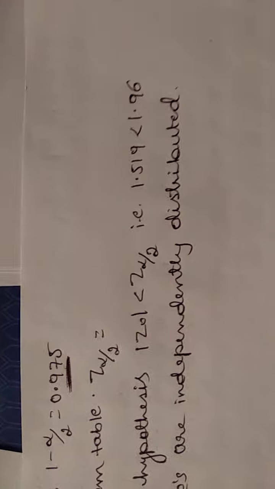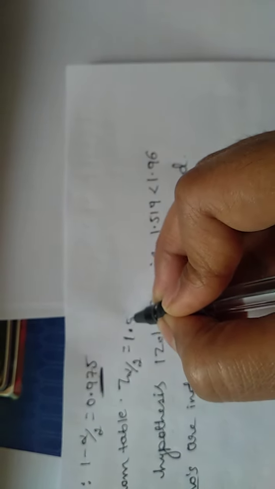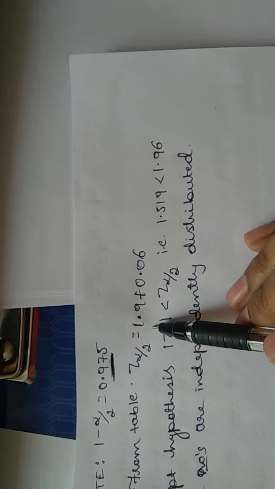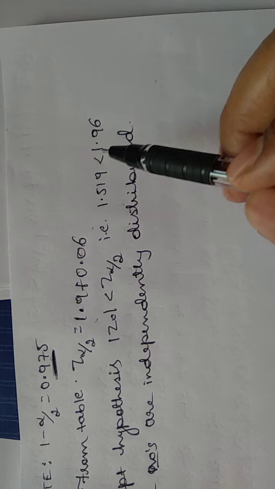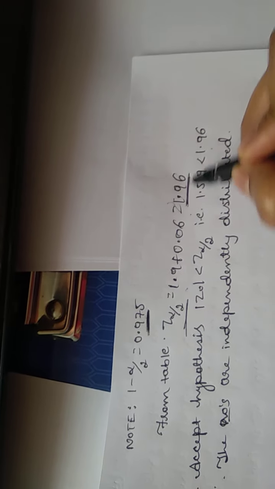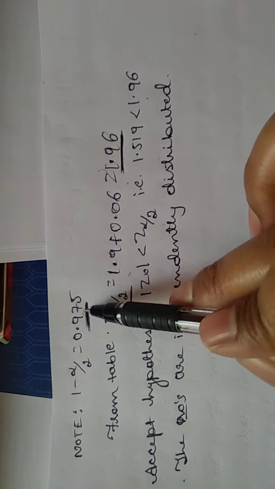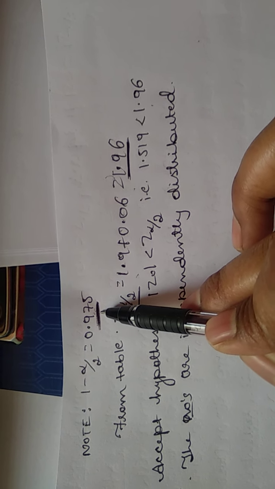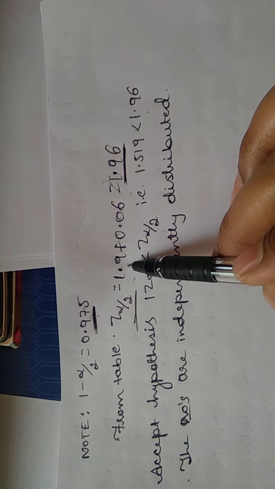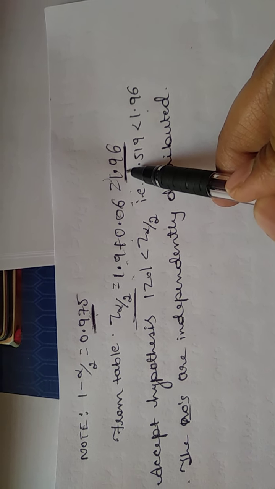So here Z alpha by 2, I will write it as 1.9 plus 0.06. 1.9 plus 0.06 means you will get 1.96. So the Z alpha by 2 value is 1.96. You have to search for 0.975 in the table, and take the corresponding values from row and column: 1.9 plus 0.06. The value of Z alpha by 2 is 1.96.